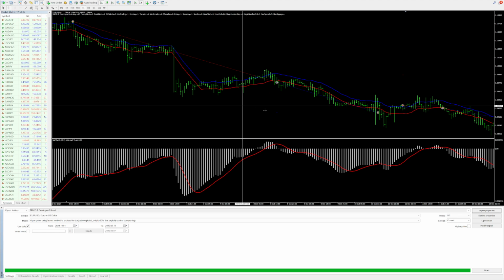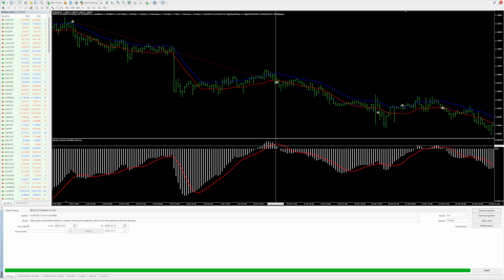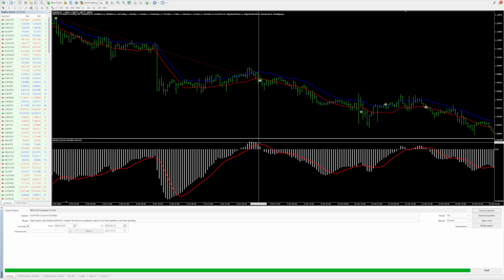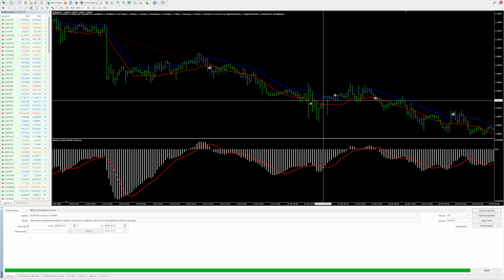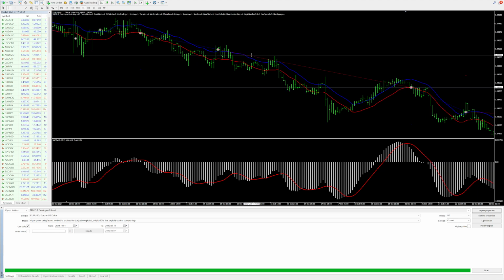Okay, it took a buy trade there, wasn't a good one. It went to take a reversal trade because price was below the envelope and the MACD was above the zero line. Didn't work out. Then another sell trade here met the conditions, did, and another sell trade here did.